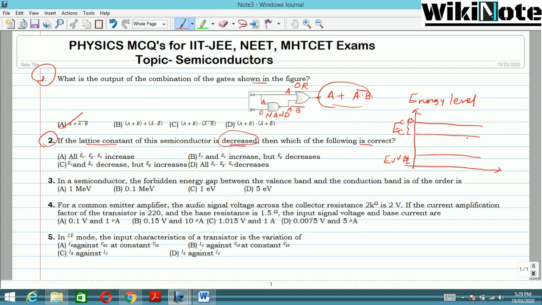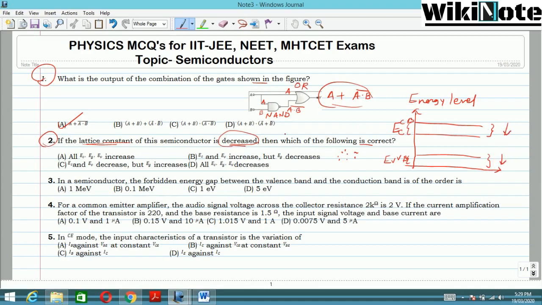Now keep in mind, the lattice constant is nothing but how the atoms of that crystal are placed, the spacing between them, the atomic structure and its spacing. So if the lattice constant decreases, the conduction band value and valence band value will also go on decreasing.